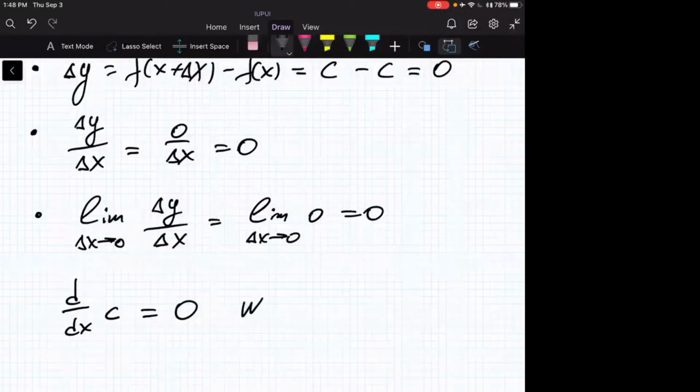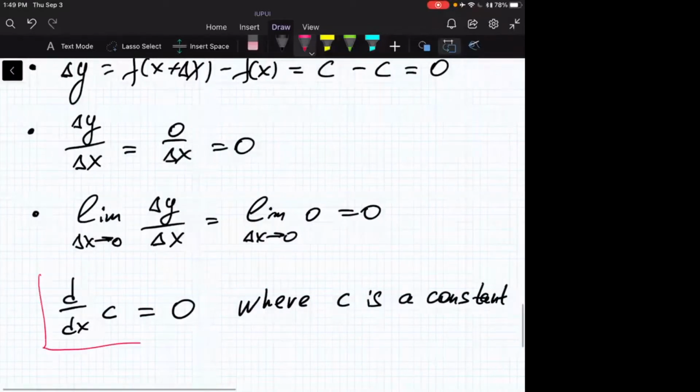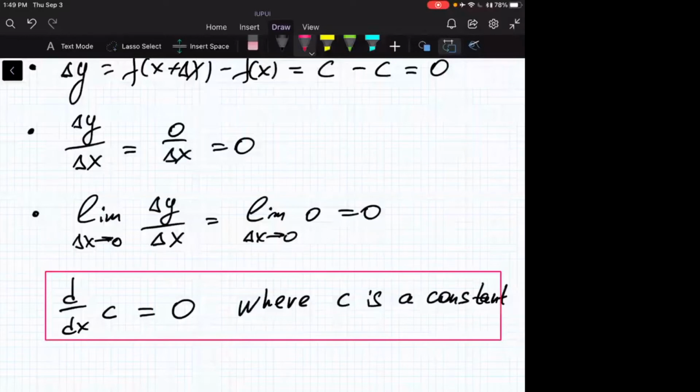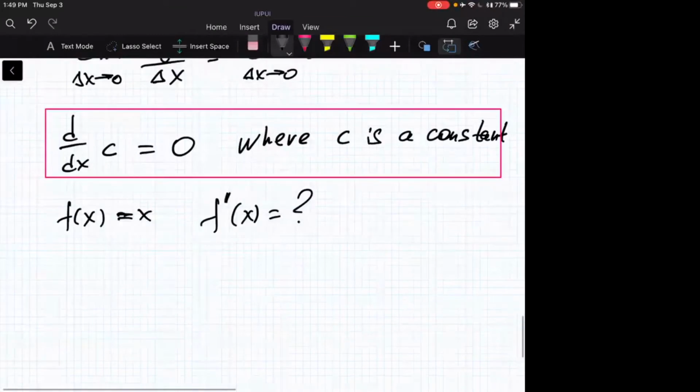Okay, let me specify that c is a constant. So this is a kind of trivial polynomial in some sense, the constant function. And what if we consider the next case, for example, f of x equals x? What is the derivative of this function? It is not very complicated.